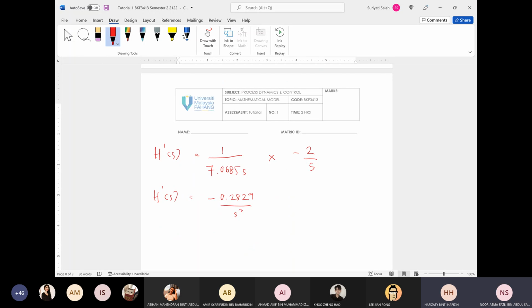So now we have already substituted all of the transfer function, all the values, for each variable. So we want to do the inverse Laplace.